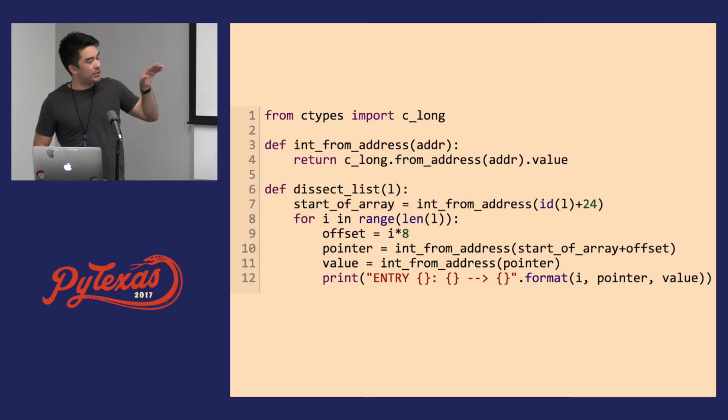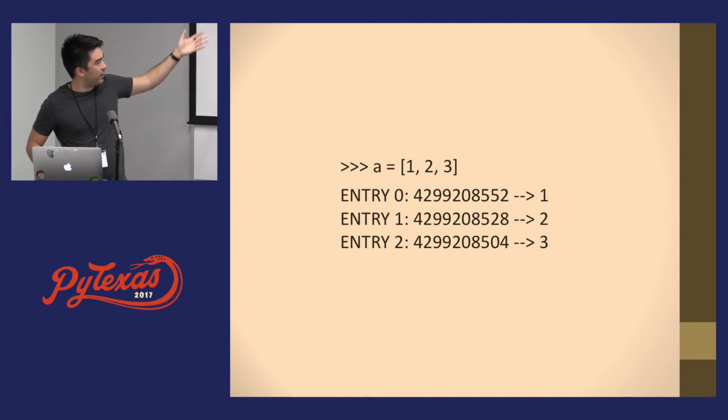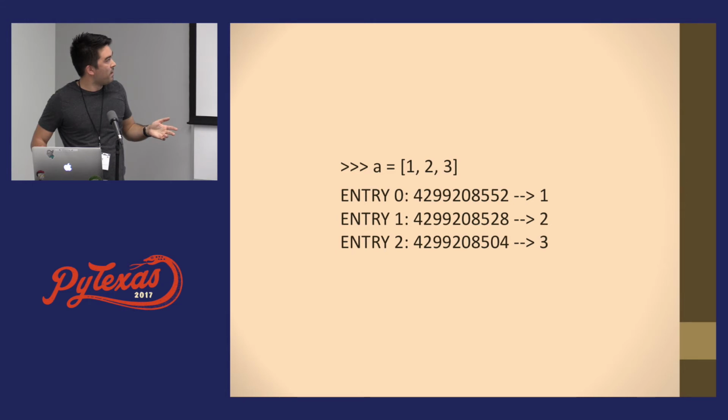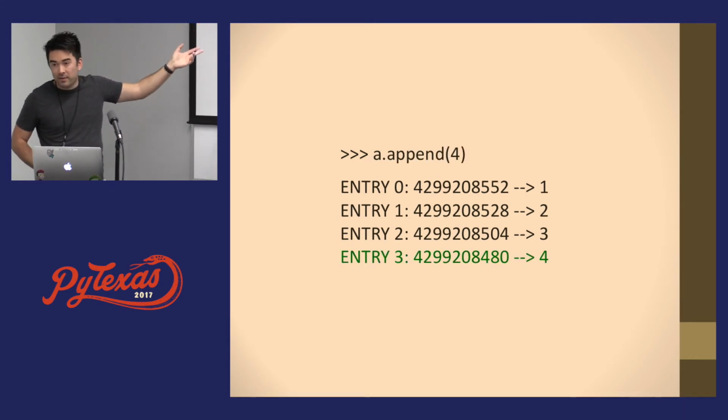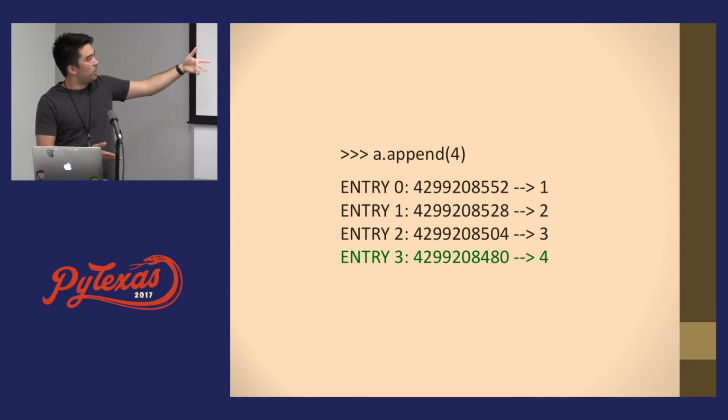For each entry in this item array, I'm spitting out which entry it is, the address in that entry, and then what it points to, the actual value. So for a simple list, we've got each entry, the pointer or address, and then the actual value there. Simple enough.